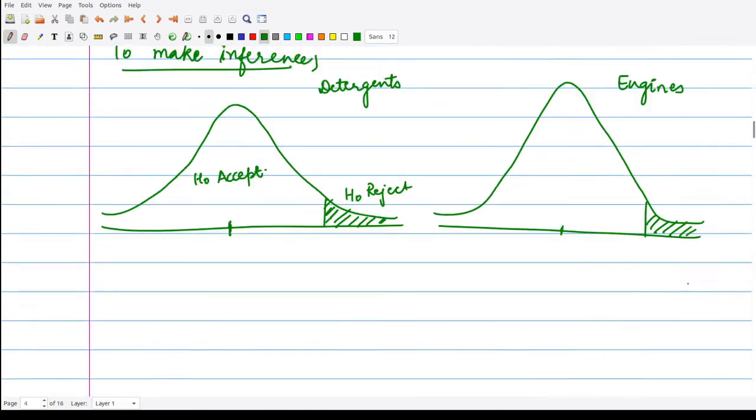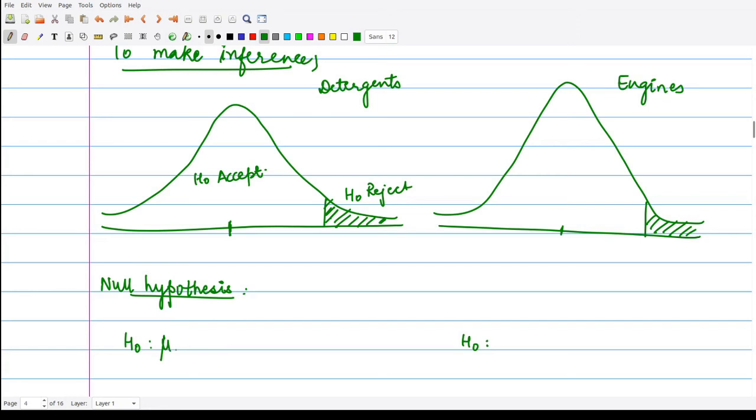And moreover, in the very starting, you will define what your null hypothesis is. So here in this case, because we are making two decisions, we will have two null hypotheses. One is for detergents and one is for engines. So for detergents, our null hypothesis says all the mean values for detergents are equal.